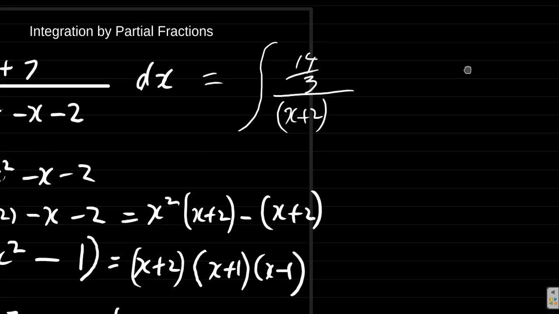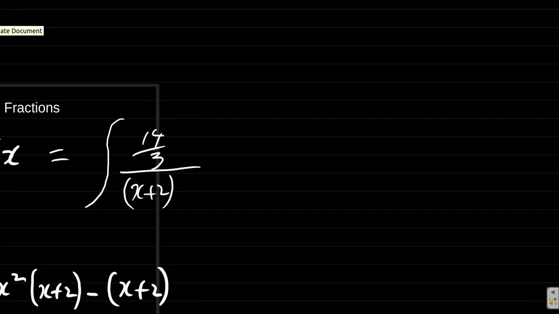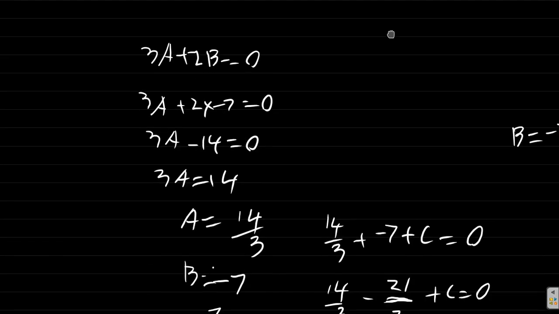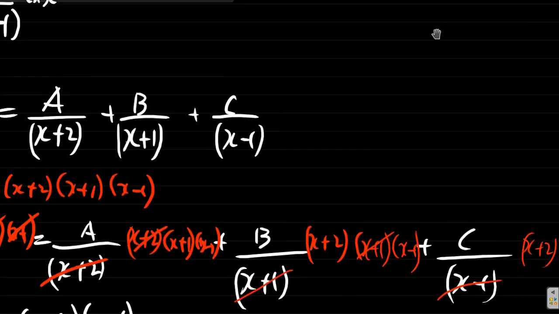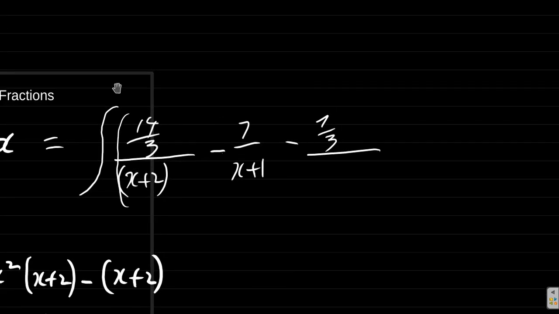So we have minus 7 over x plus 1. And then we look back at c. C is negative 7 over 3, so it is negative 7 over 3 over x minus 1.